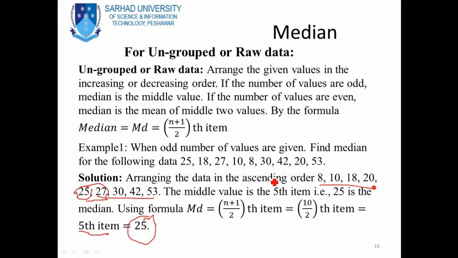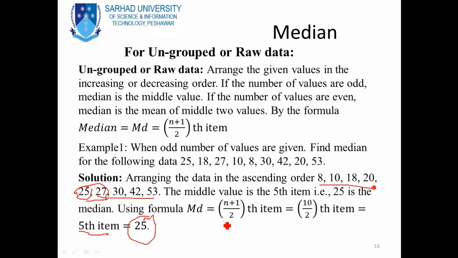So dear student, this point is very important. For the median, first of all, write the data in order form and then use the formula for the position of the median term. First of all, indicate the position at which the median term lies. For the position, use this formula: n plus 1 divided by 2.